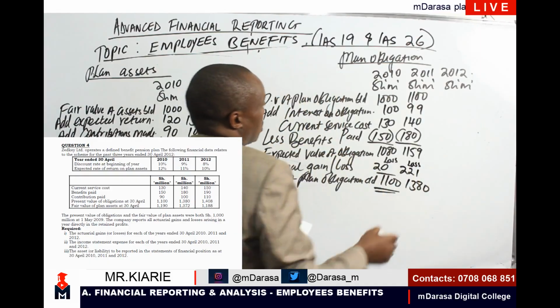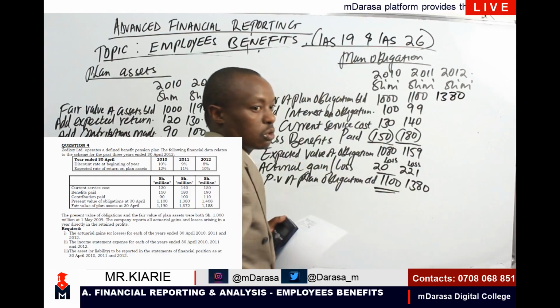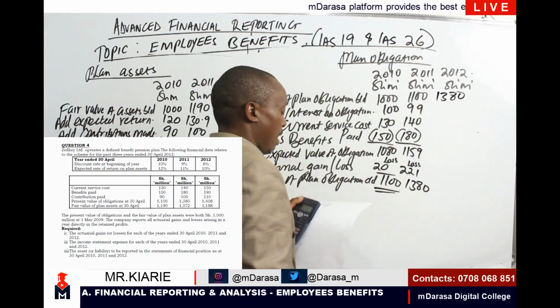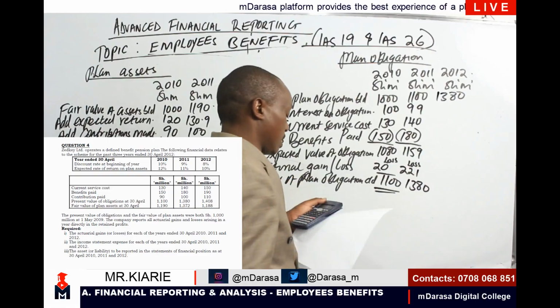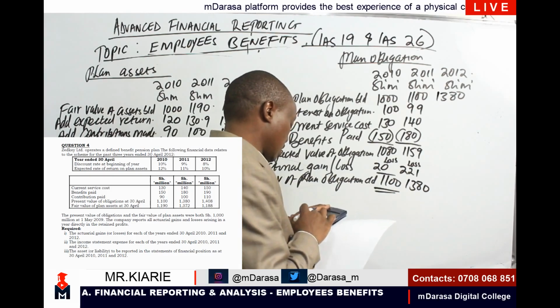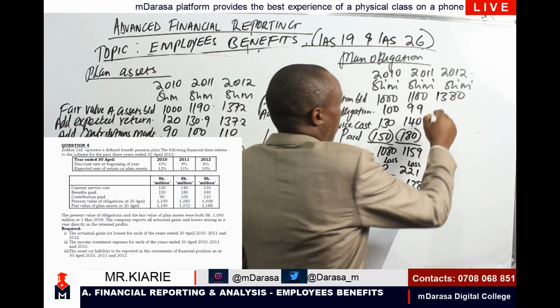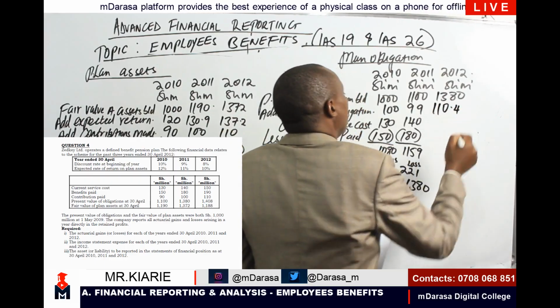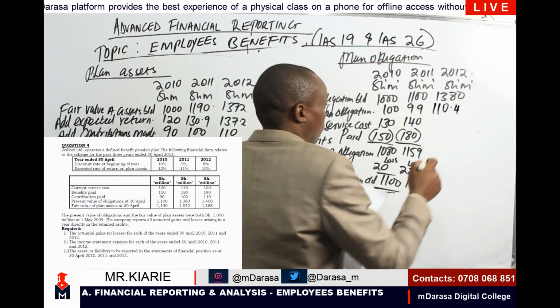I open 2012 with 1,380. The rate of interest in 2012 is 8%. So 1,380 times 8% gives me 110.4. Then the current service cost for 2012 was 150.